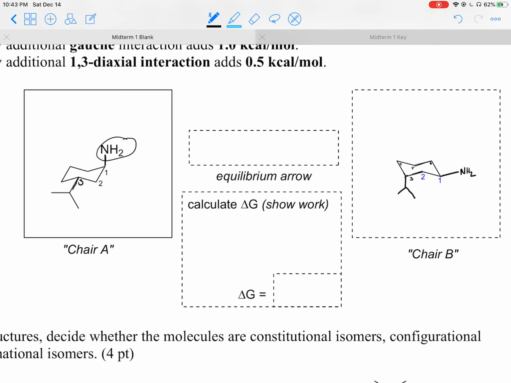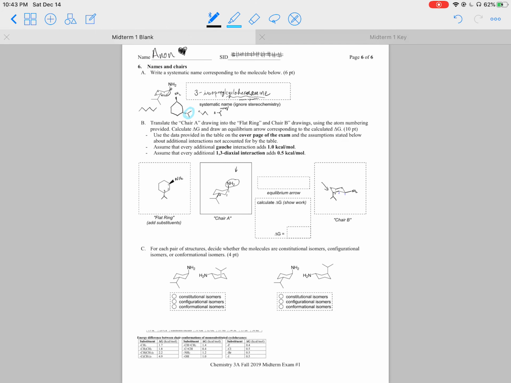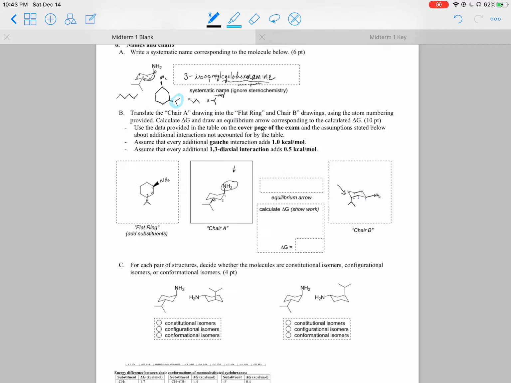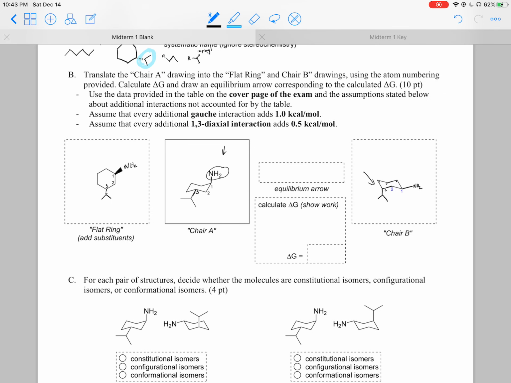So either way, we have one kind of bulky group, the NH2, the amine group, going axial in chair A, and then we have the isopropyl going axial in chair B. So both of those are unfavorable. We have to figure out which one is worse by calculating delta G, or which one contributes to the unfavorability, I guess, if that's a word.